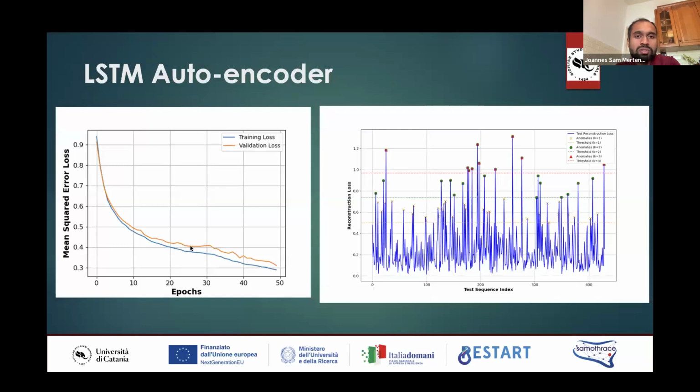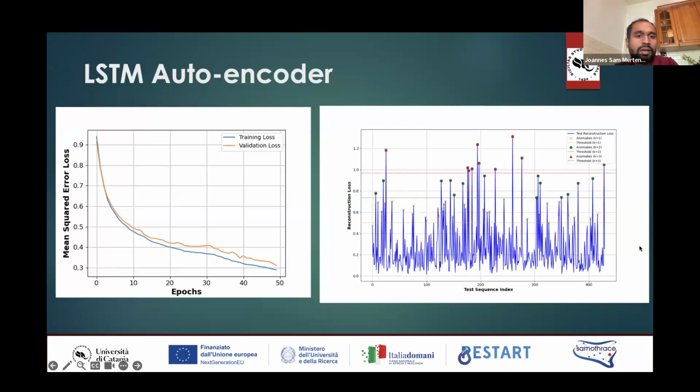Of course, the model was training well, with good training and validation loss. On the right side, you can see the reconstruction loss here for a particular patient. And you can see, depending on the threshold you set here, how the anomalies will be detected. Depending on the threshold, you will see fewer anomalies or more anomalies.